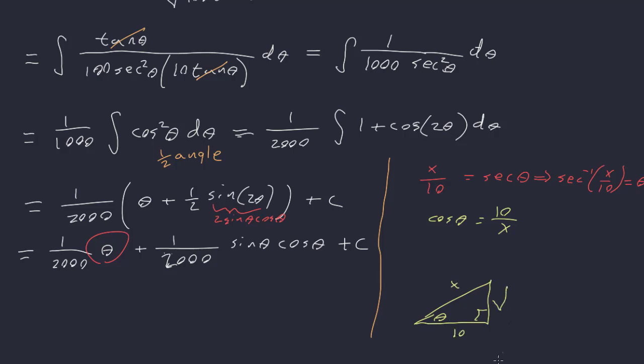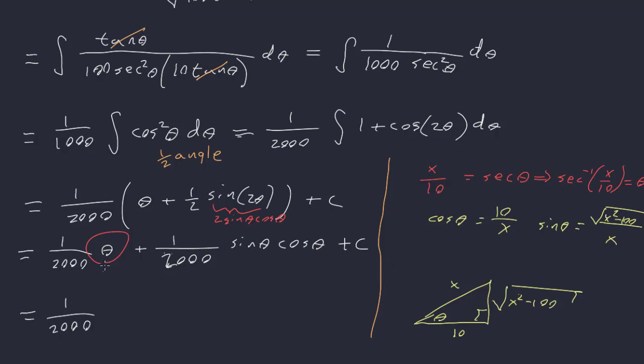So that means the side opposite is going to be the square root of x squared minus 100. So yeah, sine theta is going to be the side opposite over the hypotenuse, which is x. Okay, so the more you do these, the more you start to see that there are these patterns that keep showing up, and we keep getting similar things as we do this.